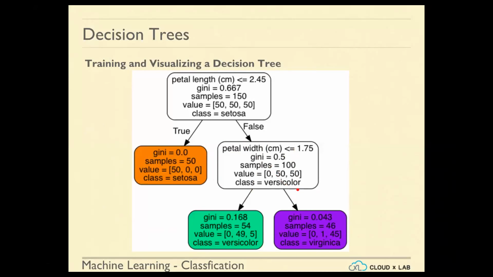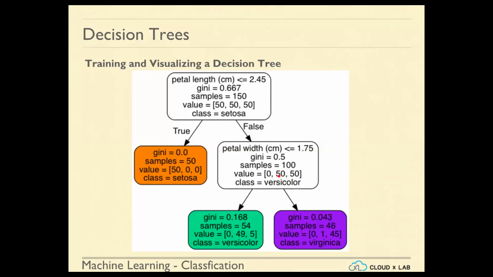What it figured out is that if the petal length is less than 2.5, then it's definitely setosa. Otherwise, it could be versicolor or it could be virginica.